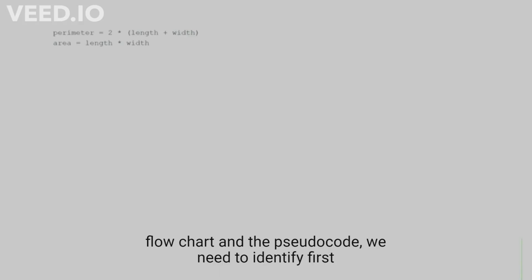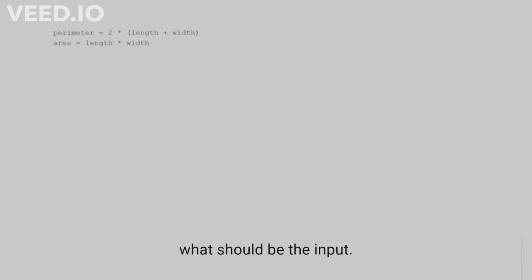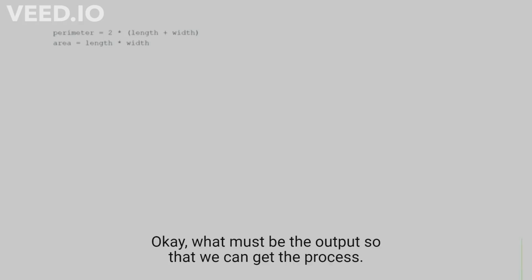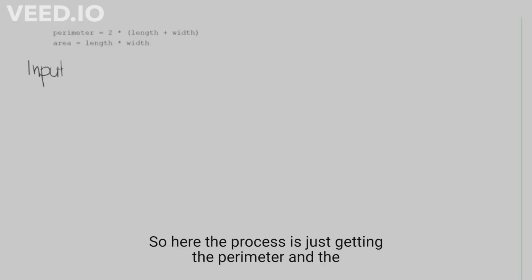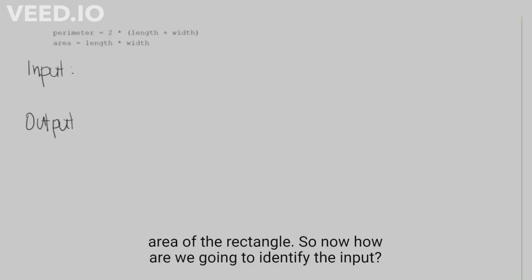To easily create the flowchart and the pseudocode, we need to identify first what should be the input, what must be the output, so that we can get the process. Here, the process is just getting the perimeter and the area of the rectangle.